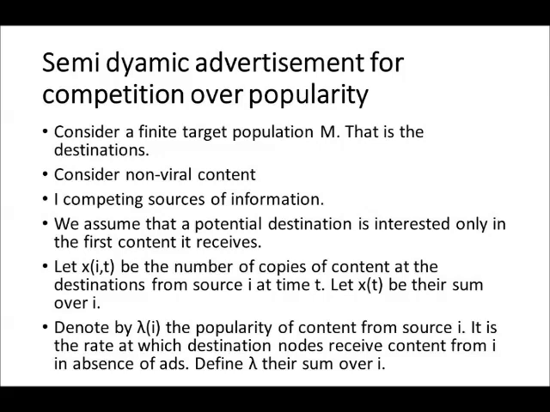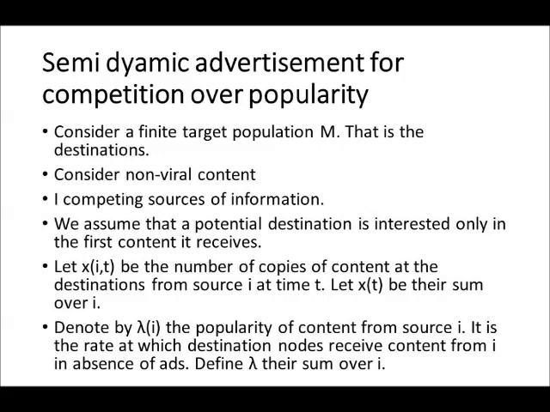We already saw before that finite population models, which are unviral, produce indeed exponential concave increase in the number of views. So we assume that there are competing sources of information.